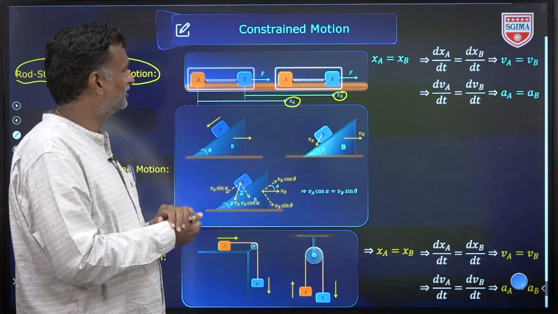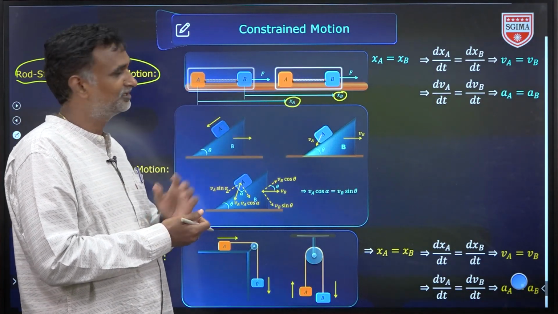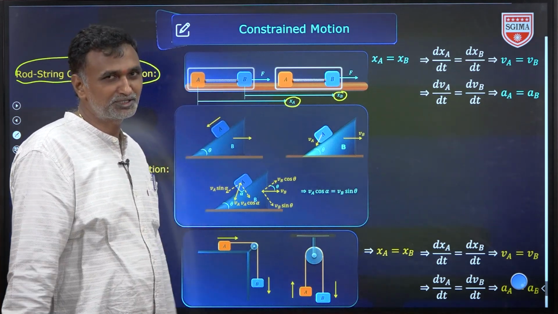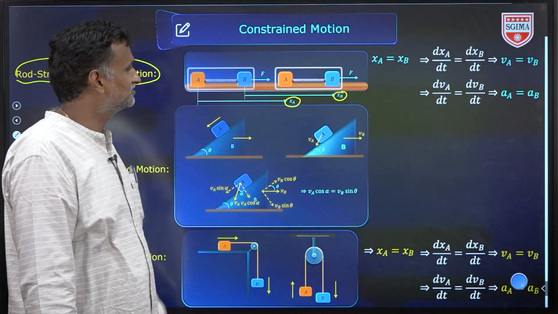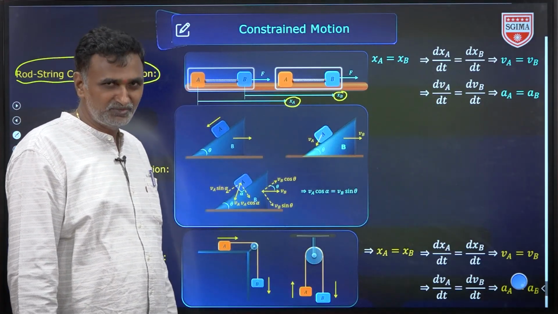Now A should move along the same path, B should move along the same path, and they are not supposed to deviate from their paths. Such is a constrained motion. Then what are the parameters? Displacement, velocity, acceleration. We need to make the relation between them.